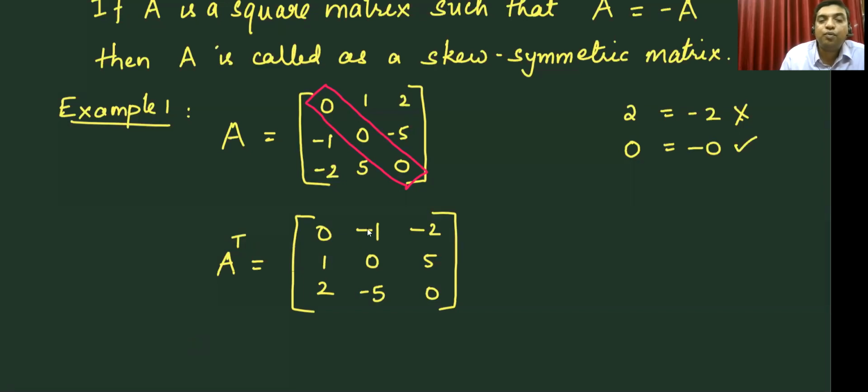Okay, now what do you get? This is same as multiplying A with minus 1. So this is minus 1 times, you take the minus sign outside, minus 2 5 0.